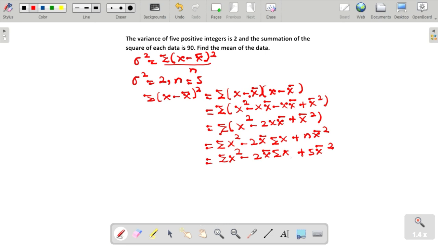Now we also notice that the mean, which is x bar, for such data is summation x over n. Let's find an expression for summation x. If we cross multiply, it means that summation x is the same thing as n times x bar.